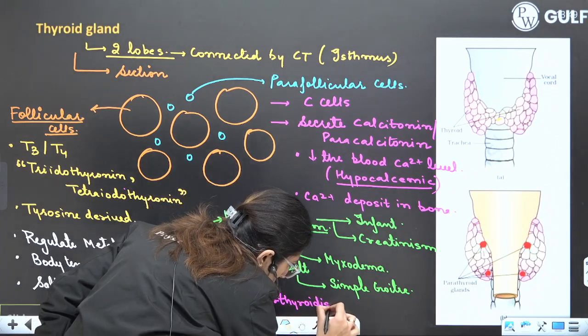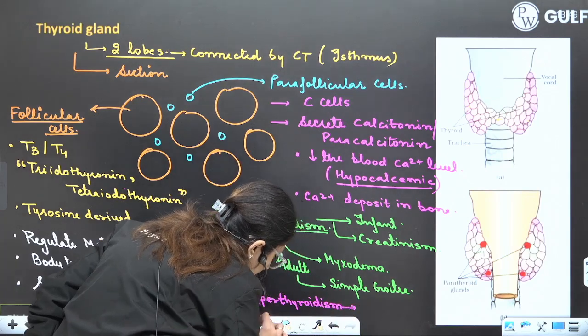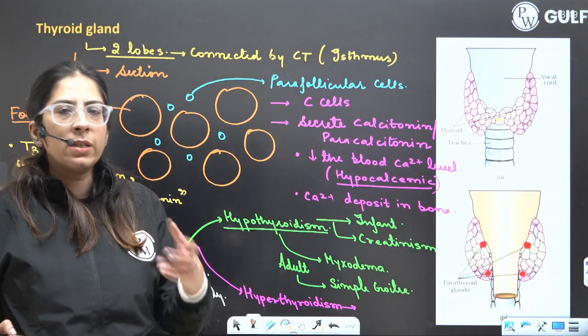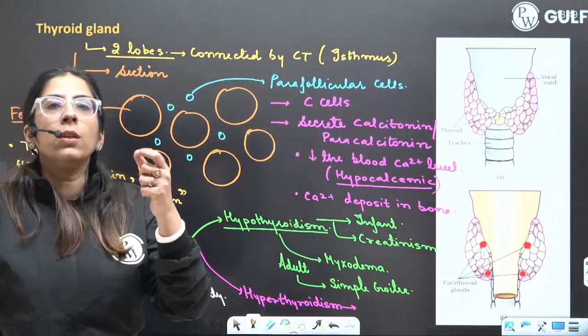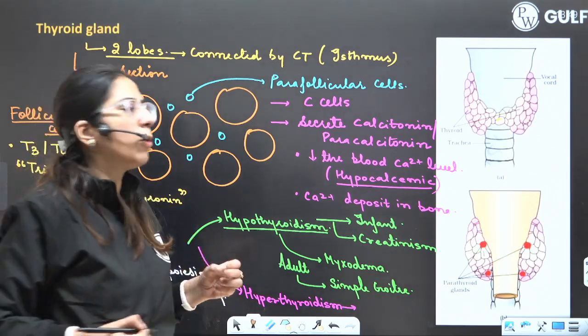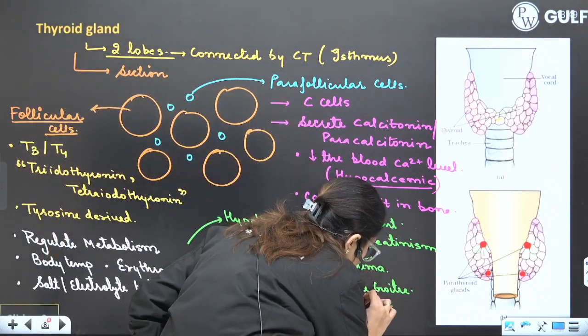Hyper means more. Hyperthyroidism means more synthesis, so the person will be very thin. It can lead to exophthalmic goiter, or Graves disease.